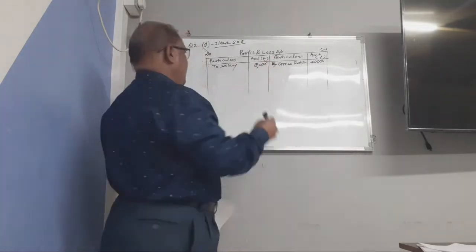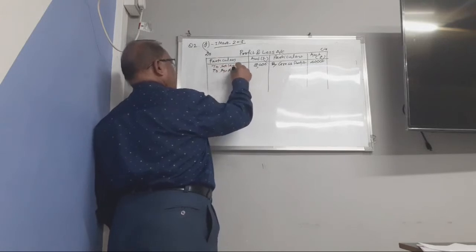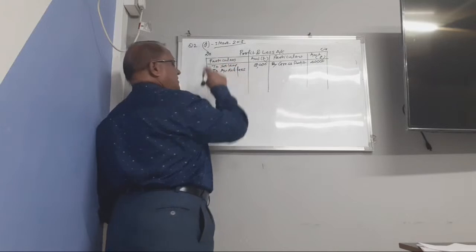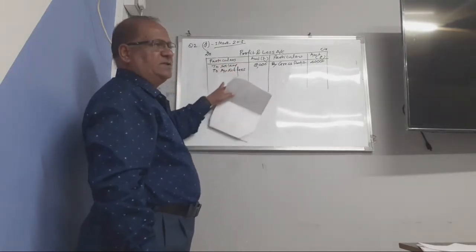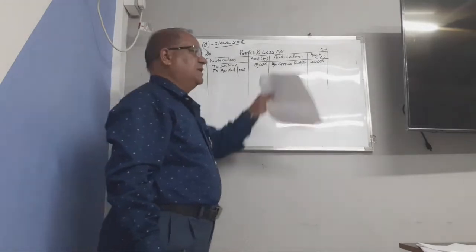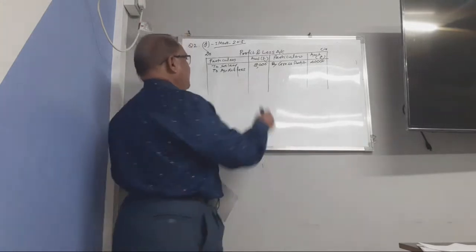Then audit fees, being an indirect expense, is debited. All administrative, office, finance, and selling and distribution expenses are debited, and incomes are credited. The audit fee is 3,000.